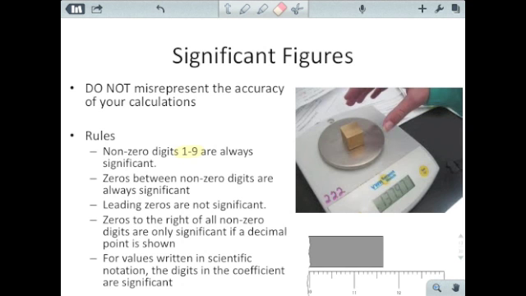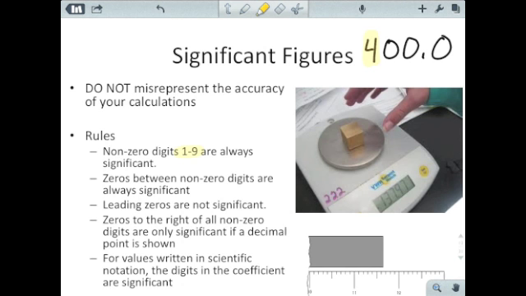Moving on to the next rule. Zeros to the right of all non-zero digits are only significant if a decimal point is shown. So say we have a number of 400.0. When we're looking at this, again, the 4 is going to be significant, but we have to look at the zeros. The zeros are only significant if the decimal point is shown.